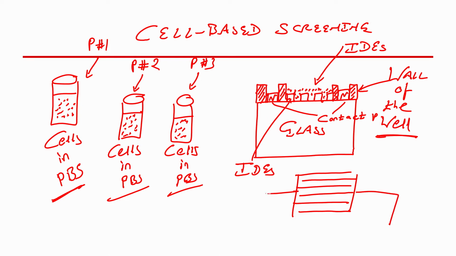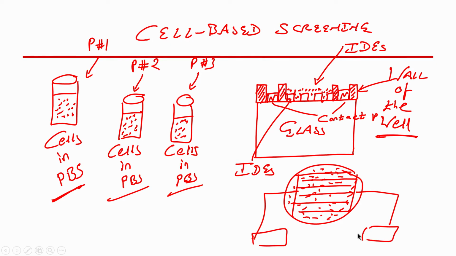So, you have a well in which you have a lot of cells like this, and these are my contact pads. So, I can measure the impedance of this well with cells using these interdigitated electrodes.